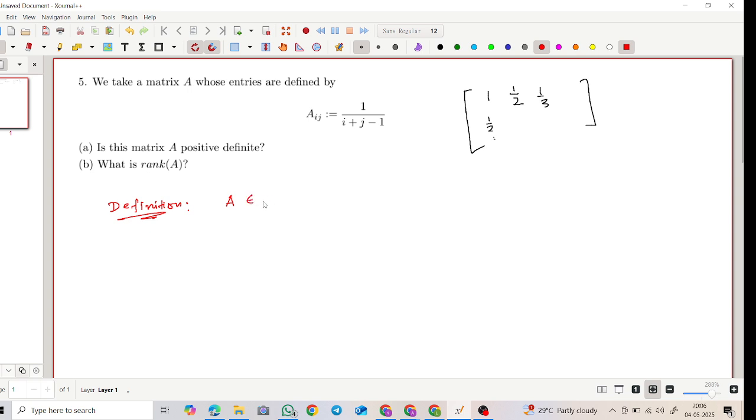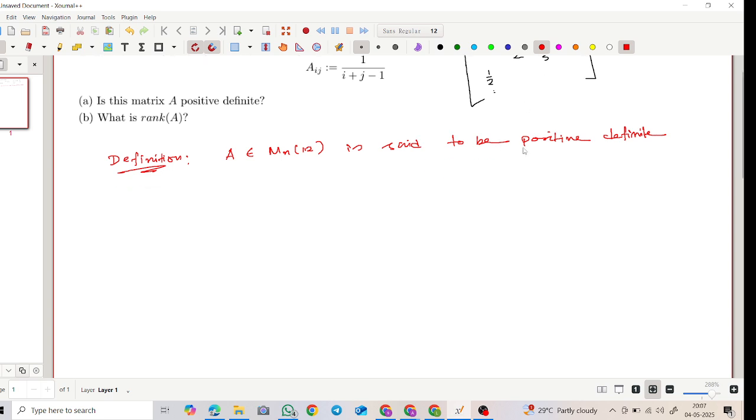Let's take the field R. A belongs to M_n(R) is said to be positive definite if for any x belonging to R to the power n, x transpose Ax is strictly greater than 0.